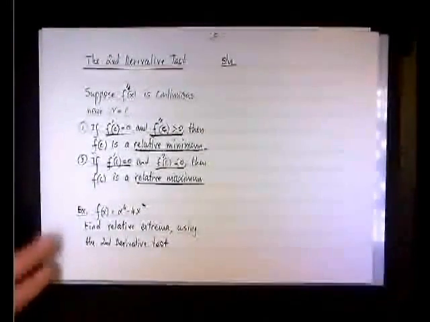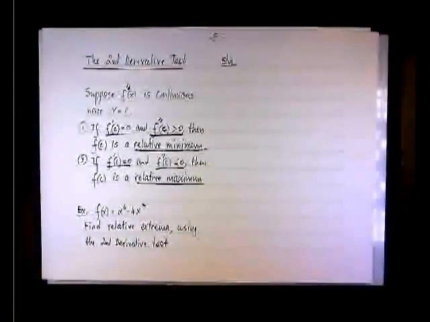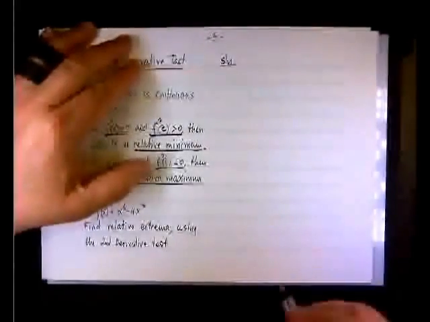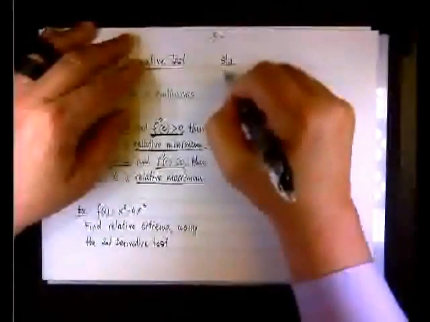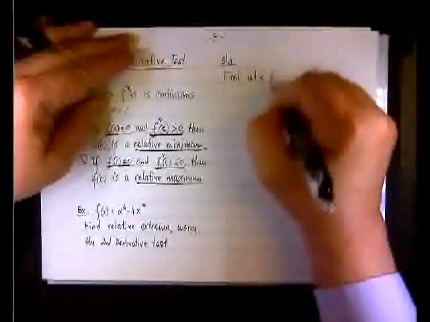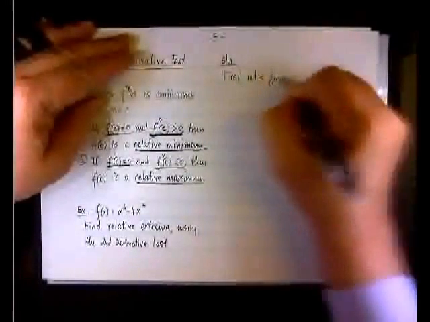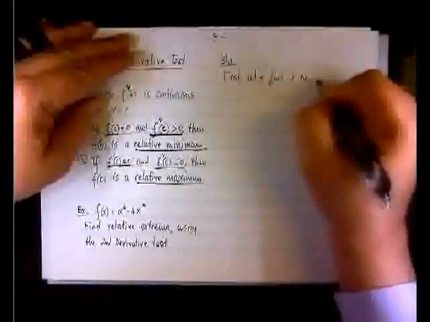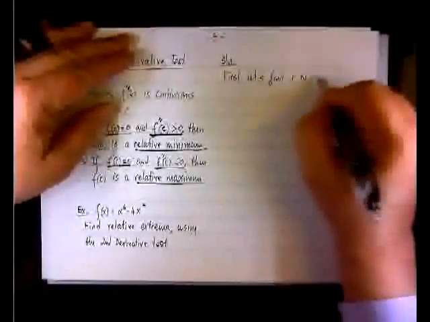So first we need to find critical numbers, or when f prime equals 0.